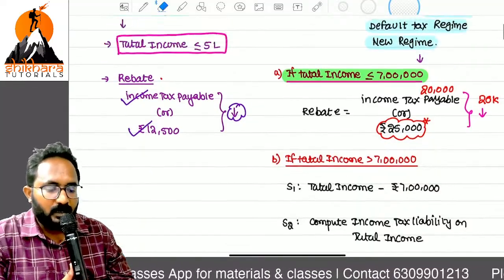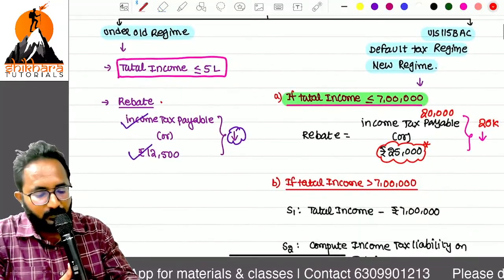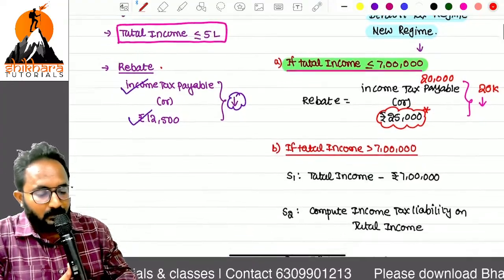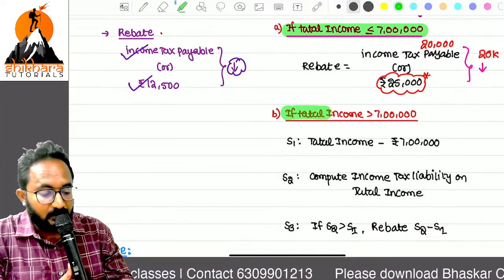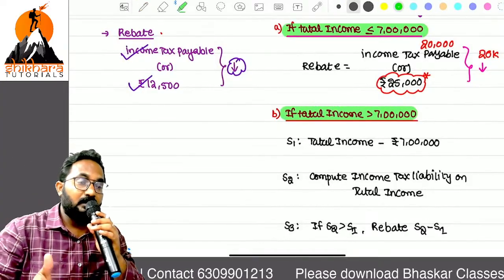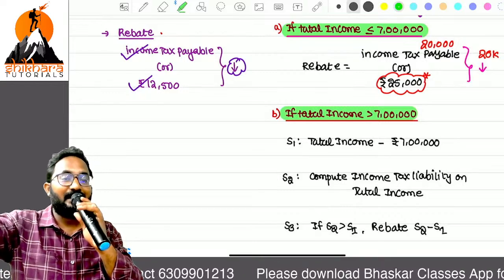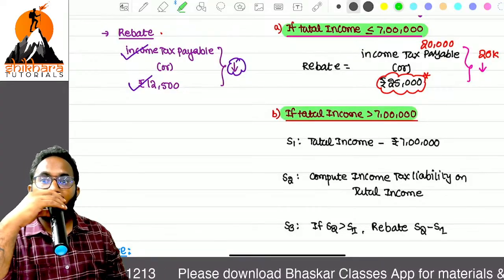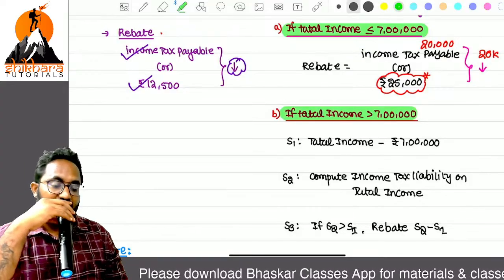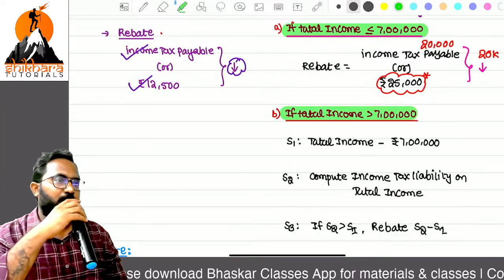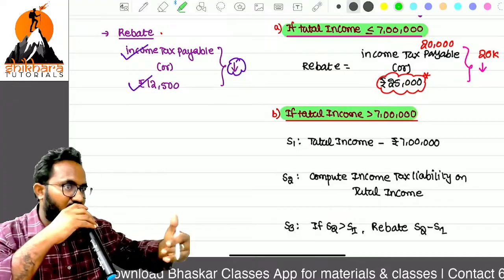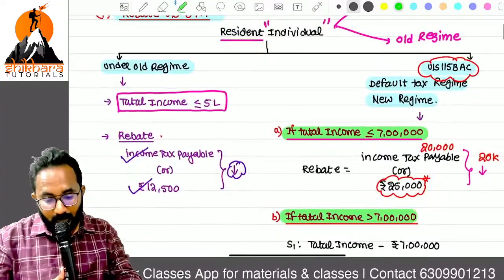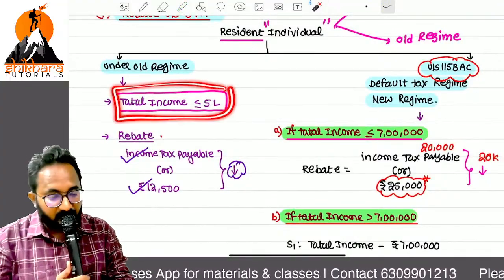One reason I told you why they are making 115BAC the default tax regime. One more reason I want to tell you: if your total income is more than 7 lakh, in this case also you can get rebate. Shall we prove that concept? Remember, in the old regime, the rebate applies only if total income does not exceed 5 lakh.